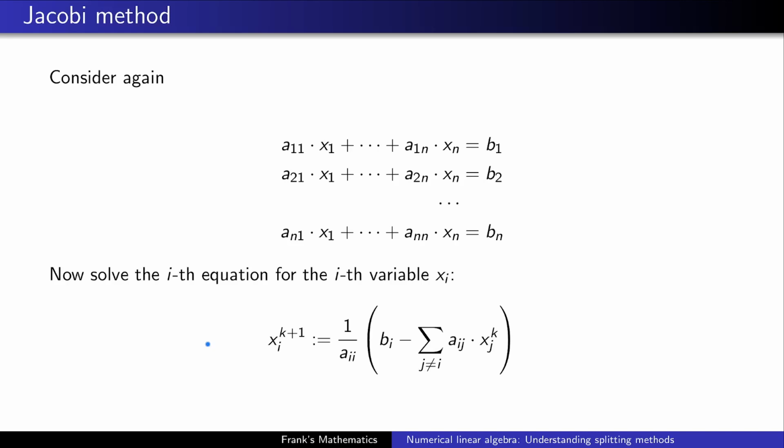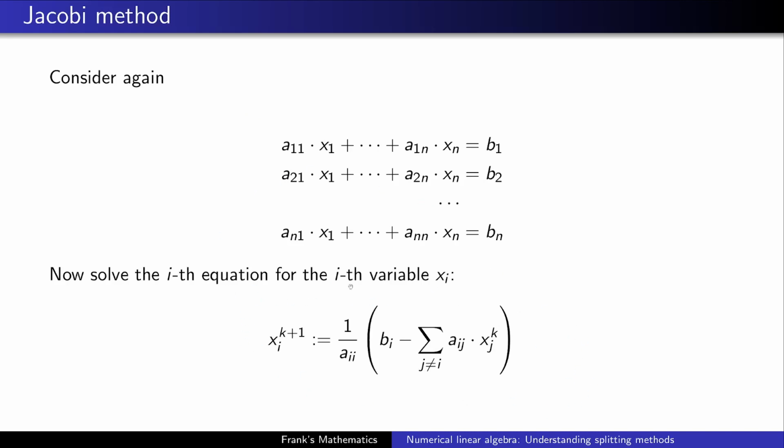First of all, this is a very intuitive way of creating an algorithm. Just solve it. If you have a triangular matrix, this is actually what you do. So if you assume that the matrix A is a lower triangular matrix, then this method will give you the exact solution.